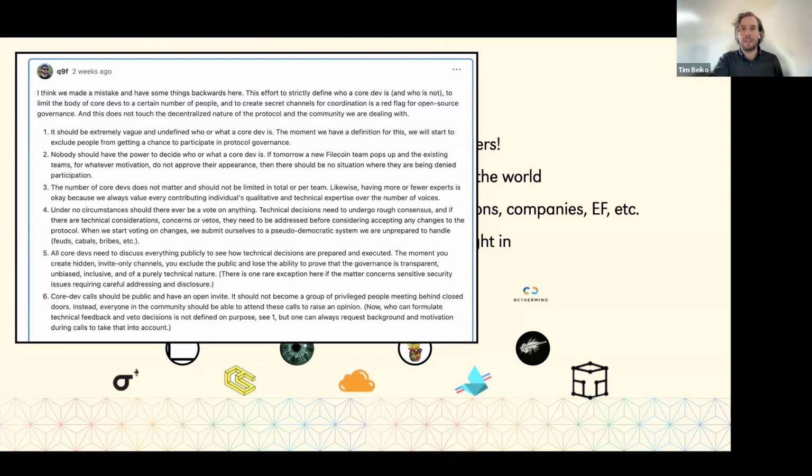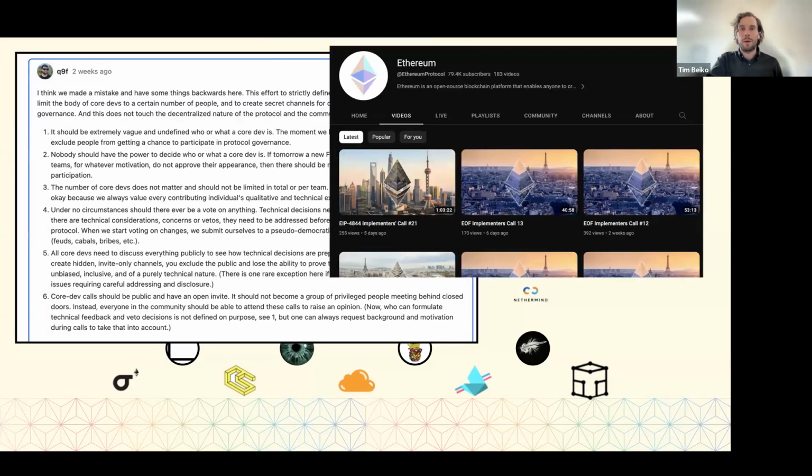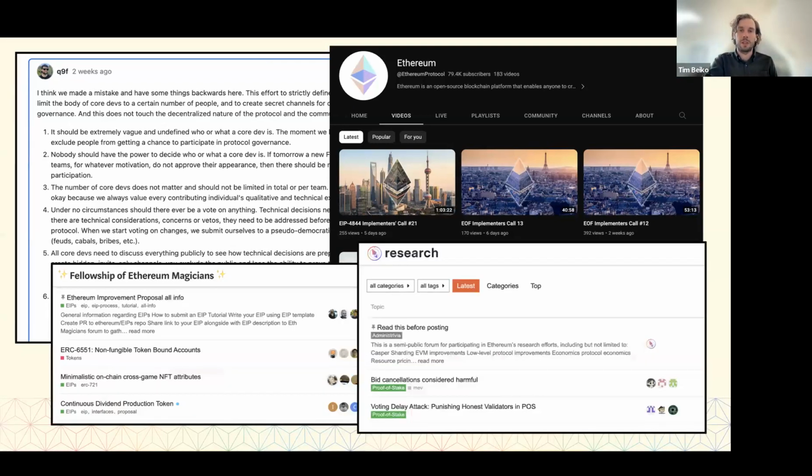One thing that's really important is having a general level of transparency when discussing protocol changes. So we do this by trying to live stream and record every public conversation around protocol changes, and having public forums like ETH Magicians and ETH Research, where a lot of proposals get discussed.